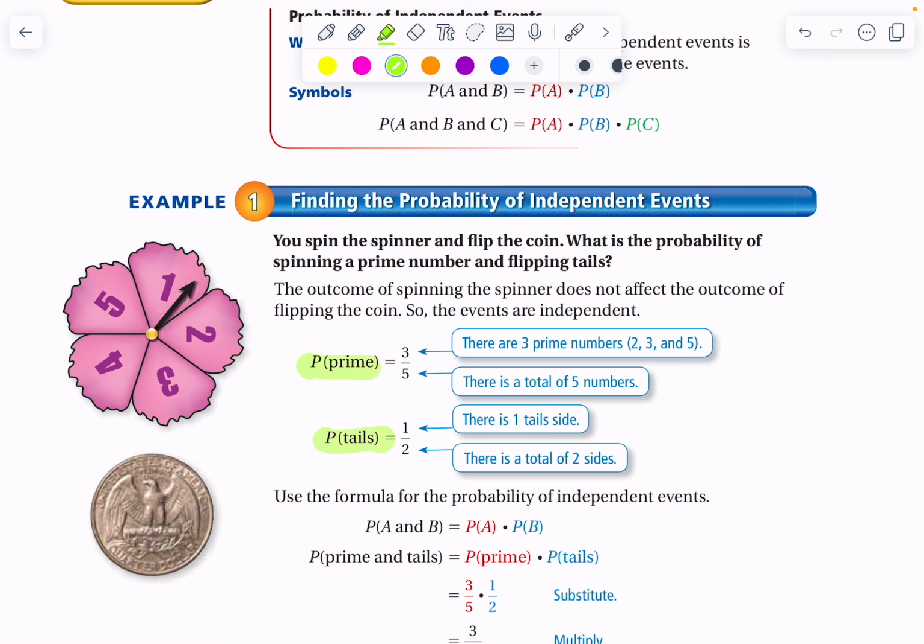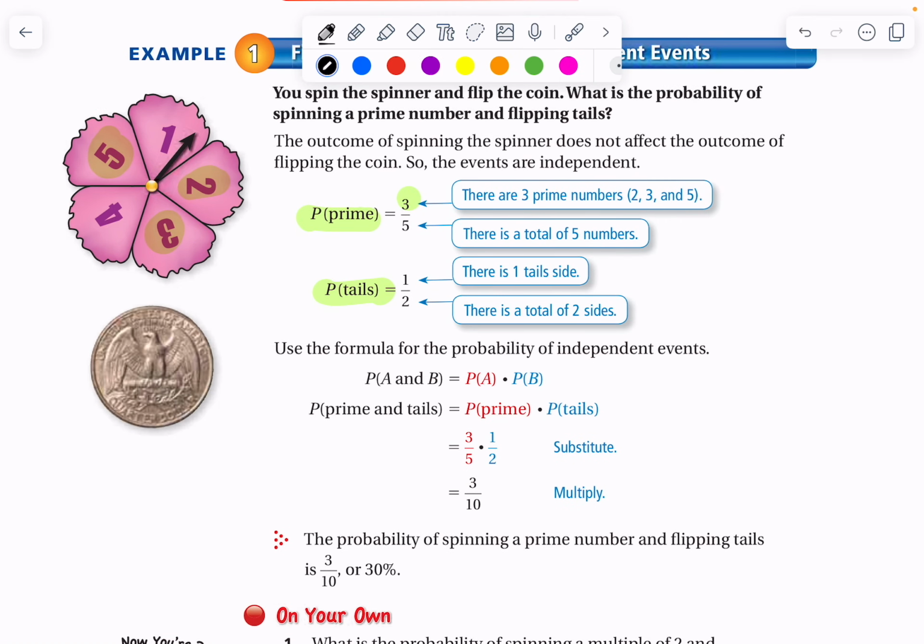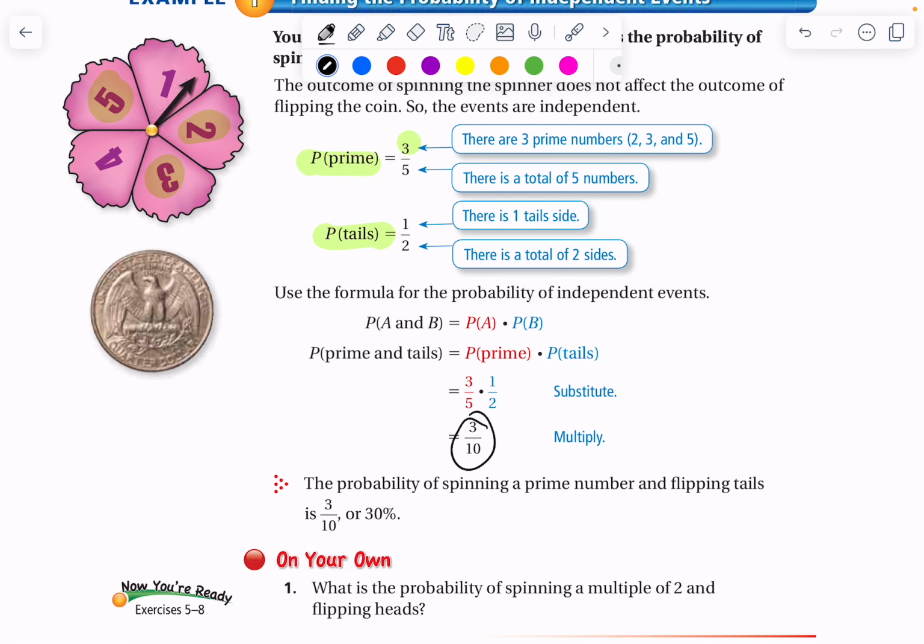When we look at the prime numbers here, I have 2, 3, and 5 as my prime numbers. And so I have a 3 out of 5 chance to get prime. The probability that I would flip tails on that coin is 1/2. If we multiply those two probabilities, 3/5 times 1/2, I get 3/10. So I have a 3 out of 10 chance of spinning a prime number and flipping tails, which we could again express as a fraction, a decimal, or a percent.